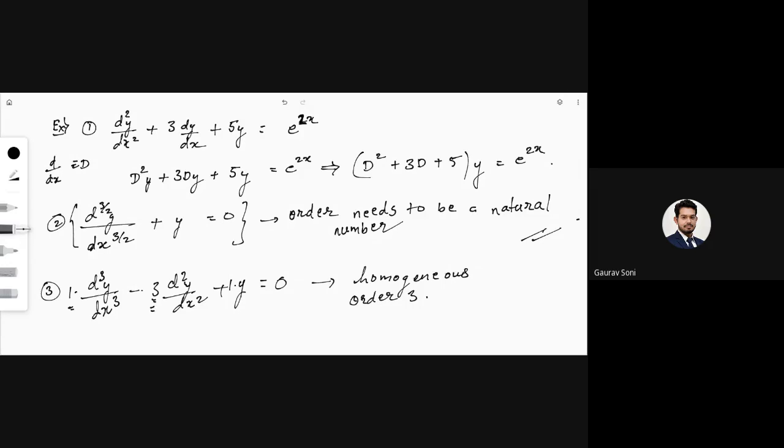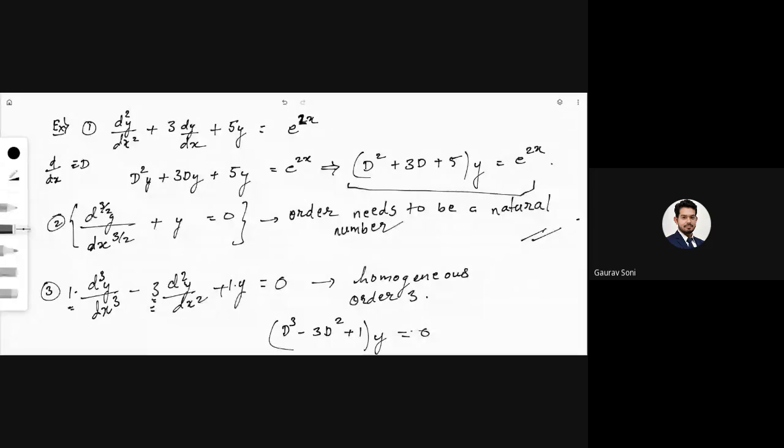Okay, so let's convert it to this form, phi of D acting on y is equal to 0. I need my differential equation in that form. D cube minus 3D square plus 1, whole bracket, acting on y is equal to 0.